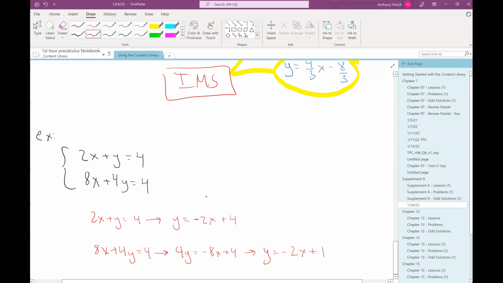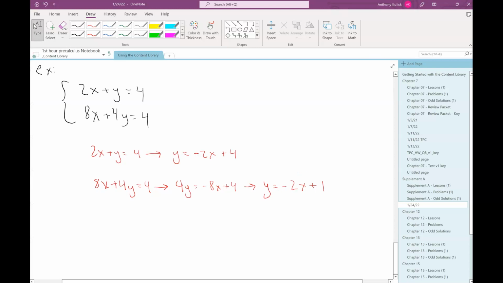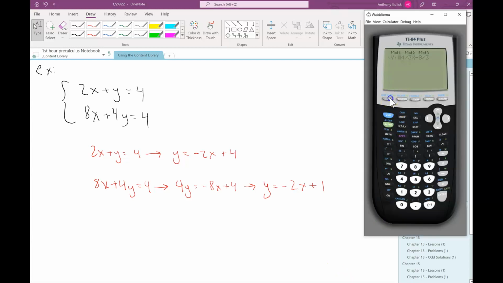Now, right away, I can tell that this isn't an infinitely many solution situation, since the two equations are different, right? So, okay, well, let's go ahead and just type it into our graph and see what we get picture-wise. So negative 2x plus 4, and then negative 2x plus 1.